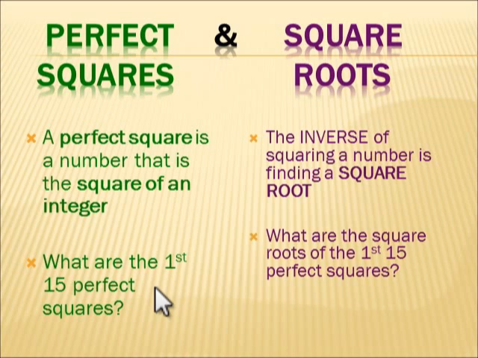You're staying with me now? 6 times 6 is 36. 49, 64, 81, 100, good. 121, 144, 169, 196, and 225. Those would be the first 15 perfect squares, going all the way from 1 squared to 15 squared.